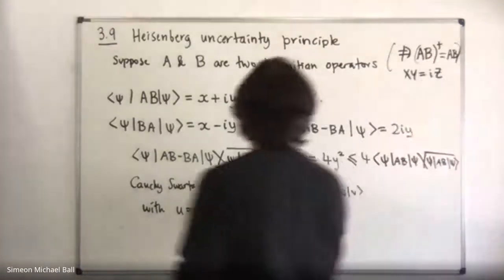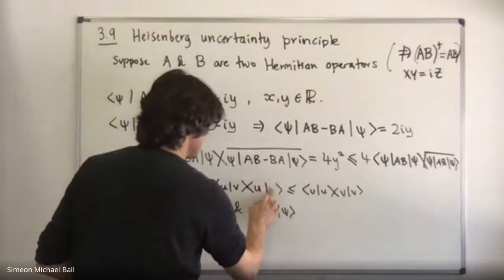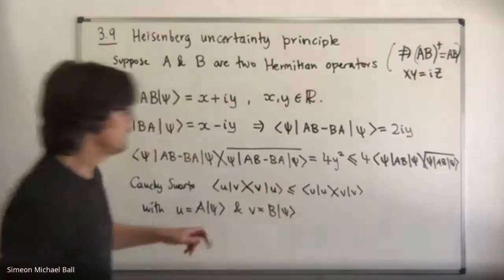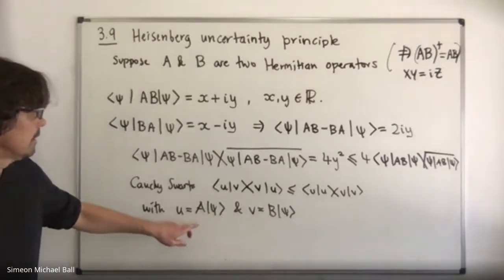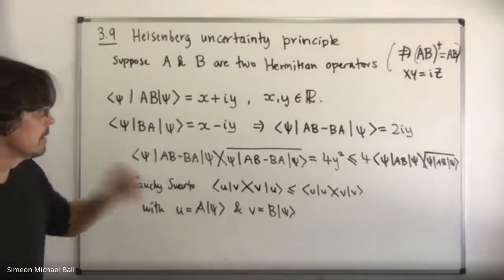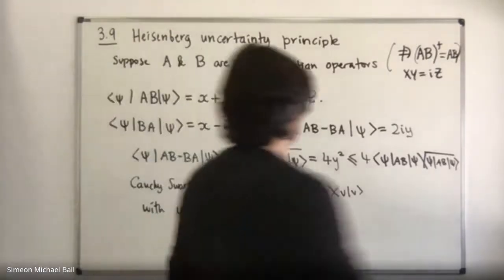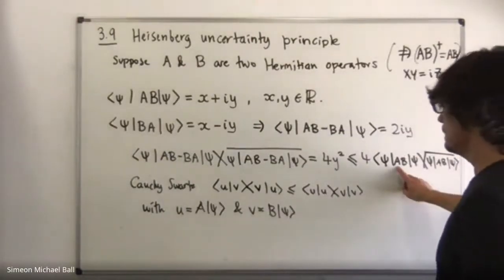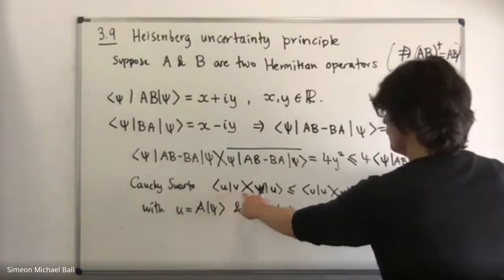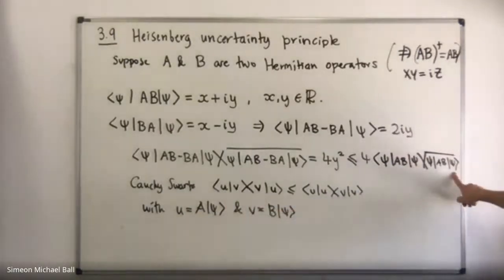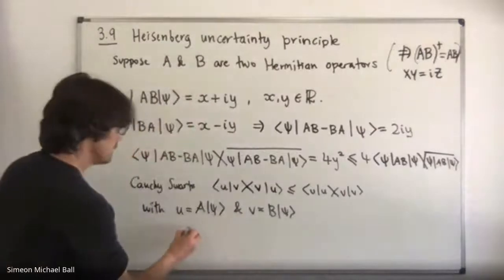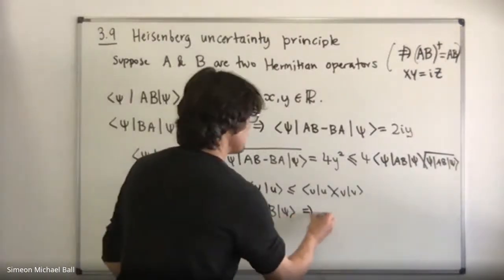Let's write this differently. Let's write this as it should be. U, then this is this bit here. This is UV, and this is going the other way here. This is UV conjugate. So this implies that.